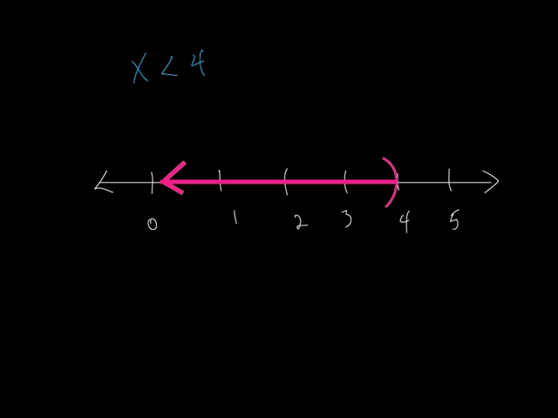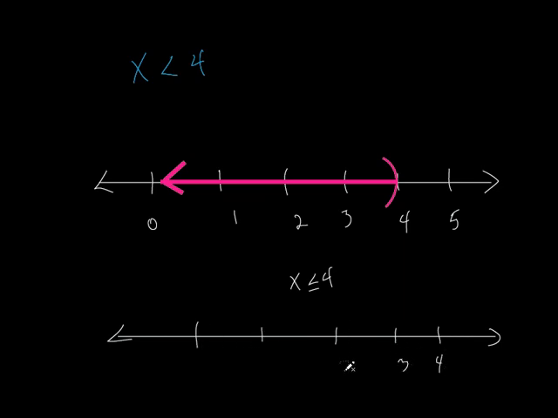Let's do a different color. Watch this. So look, if it was, let's say, x is less than or equal to 4. 4, 3, 2, 1, 0. What would you do on this?